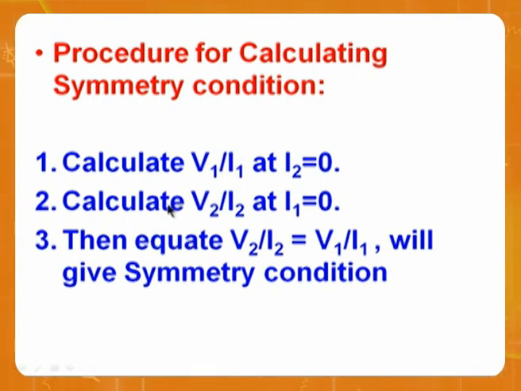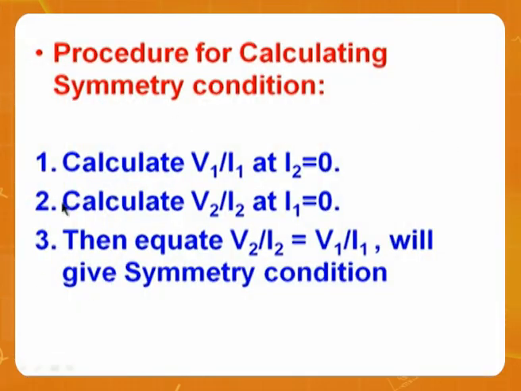This is Z11, this is Z22. You are assuming Z11 and Z22. Z11 means V1 by I1, Z22 means V2 by I2. If these two are equal, you are saying it is symmetric. But is this procedure valid for every other parameter?